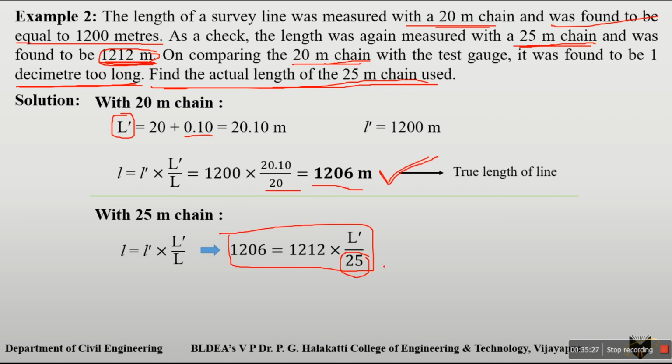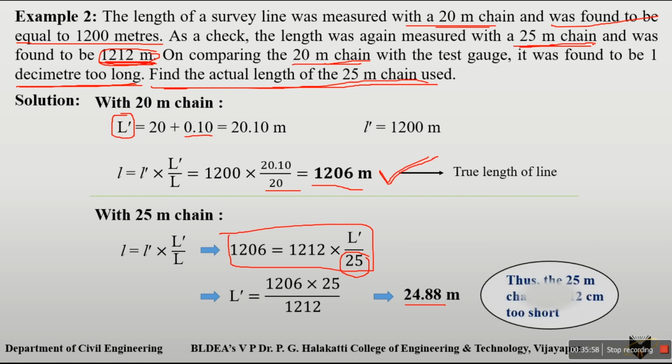Simplifying, we get L dash is equal to 1206 multiplied by 25 divided by 1212, which gives L dash is equal to 24.88 meters. 24.88 meters means it is lesser than the 25-meter chain; the actual length of the 25-meter chain is too short.